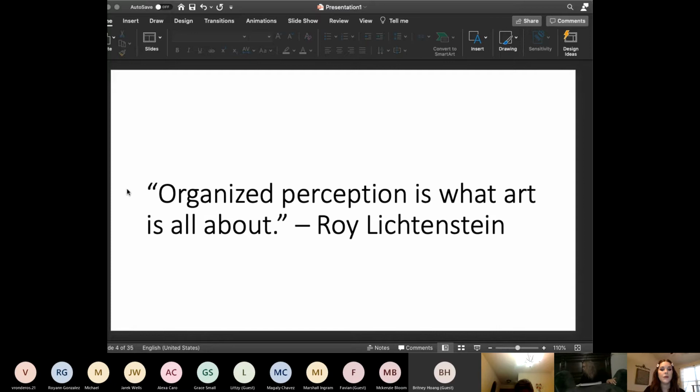So here I have a quote from the artist Roy Lichtenstein. Organized perception is what art is all about. So we are going to be looking at different principles of design in relation to how artists chose to organize what they were wanting you to perceive as a viewer.